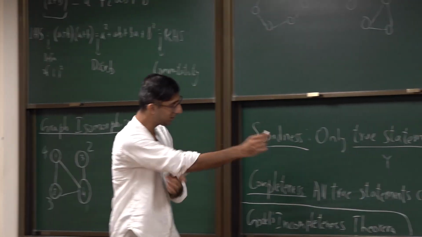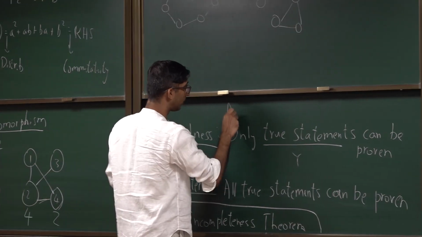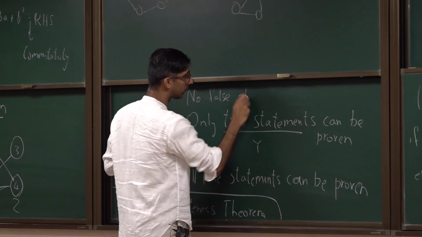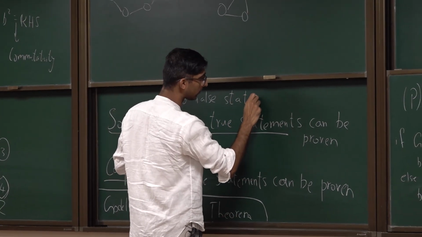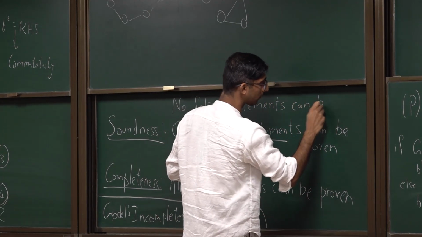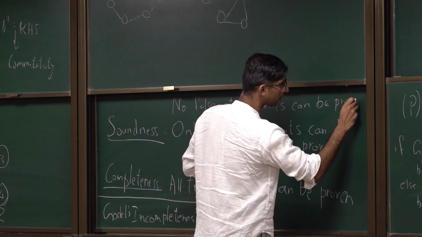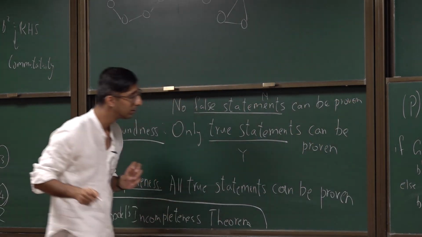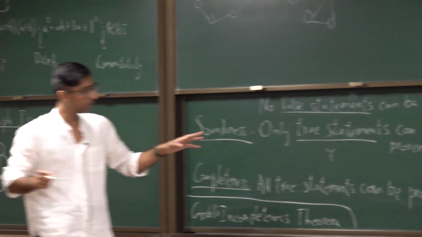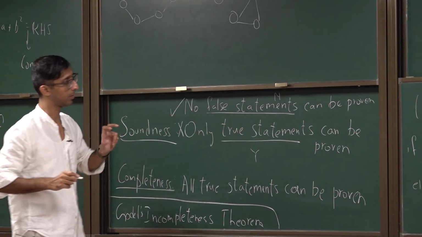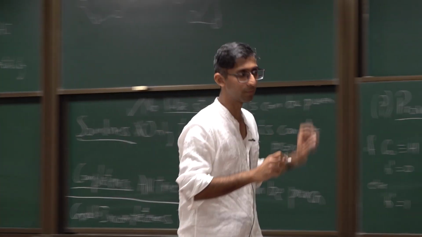So I want to restate this, and false statements are basically whatever is in N, and true statements are whatever is in Y. So I'm not going to use the old version; I'm going to use this interpretation of soundness.